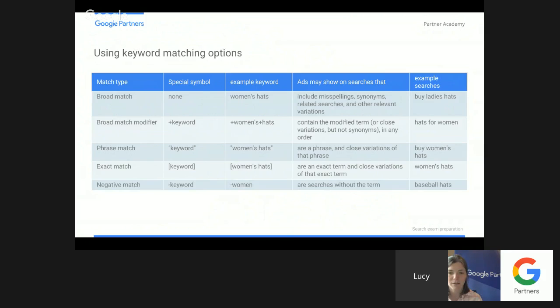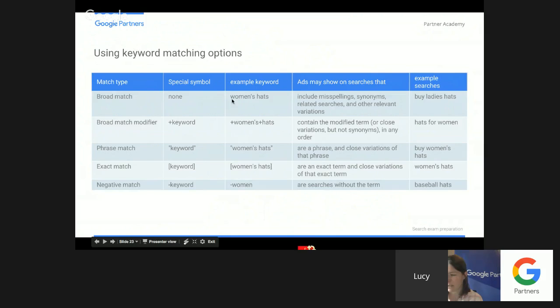When I took over the account, what I found was that Google had been equating gas with the word petrol, because in the US, rather than talking about petrol, they talk about gas. So the ads had been showing on petrol station queries rather than on queries for people who needed their gas appliances tested. So if you're going to use broad match, you want to be very careful to make sure that Google is actually finding the right queries for your ads to show on.